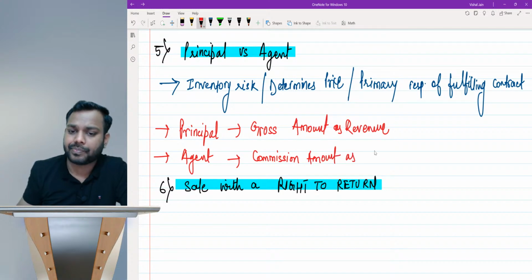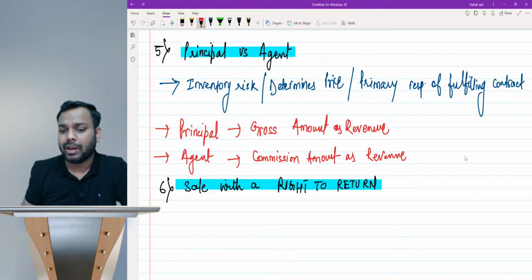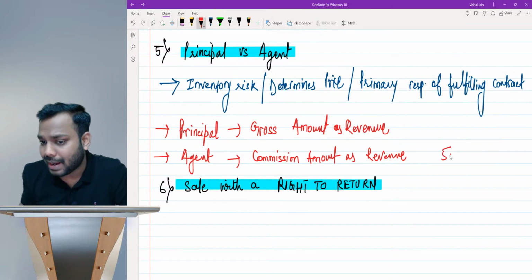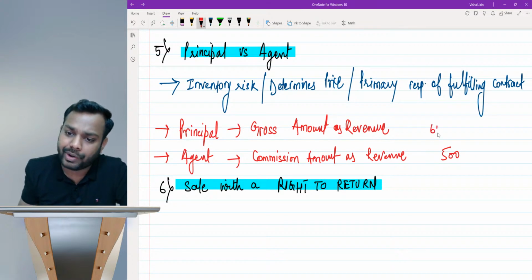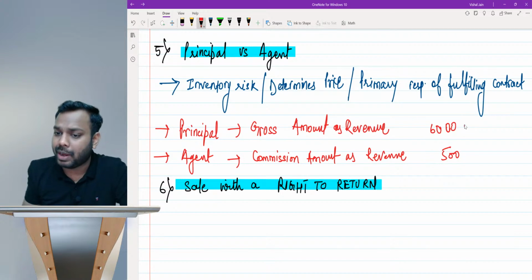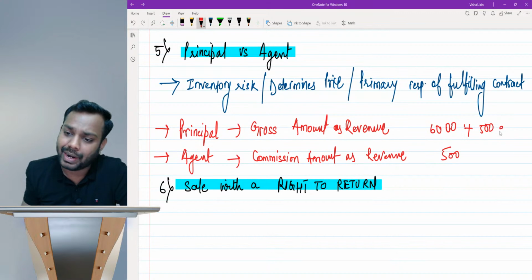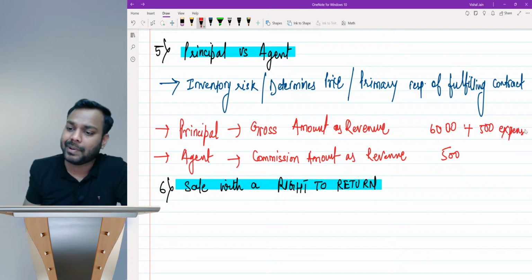meaning thereby, in the example which I gave, Make My Trip can only recognize 500 as revenue, and the Indigo can recognize 6,000 as revenue, and 500 as an expense, as commission expense.